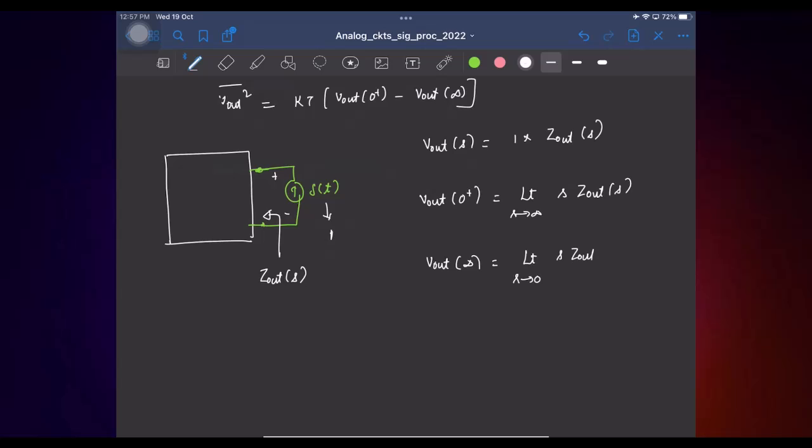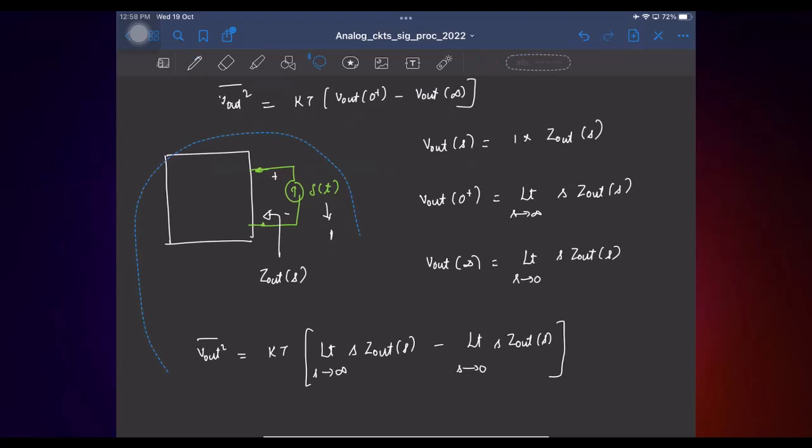Some conditions have to be satisfied, which we will assume are satisfied here. So this is simply kT times limit S tends to infinity of S times Z out of S, minus limit S tends to 0 of S times Z out of S.